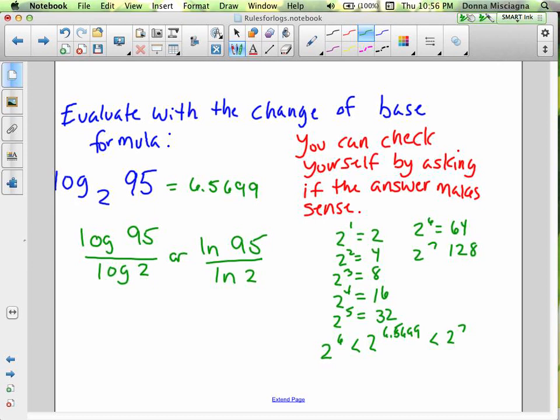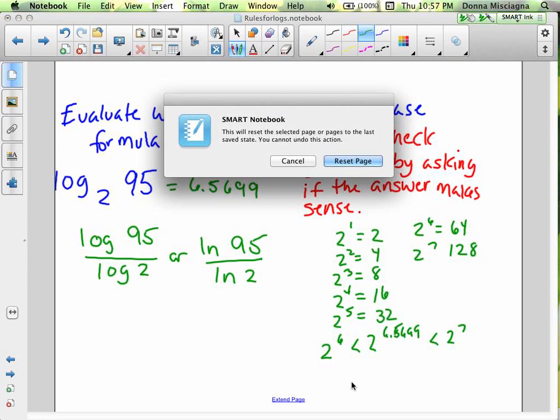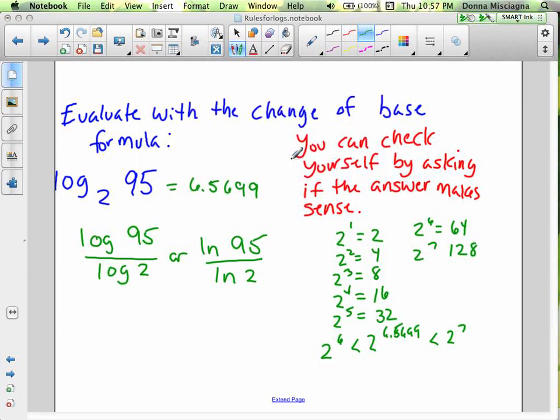I'm leaning over too much. 64. Oh, I don't know how I hit that. Cancel. I have no idea how I hit that. I was simply writing 64 is less than 95 is less than 128. I'm amazed at my own powers here.